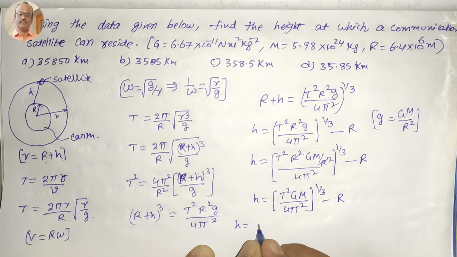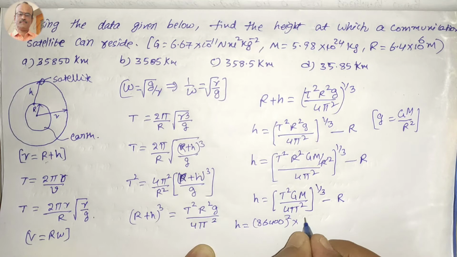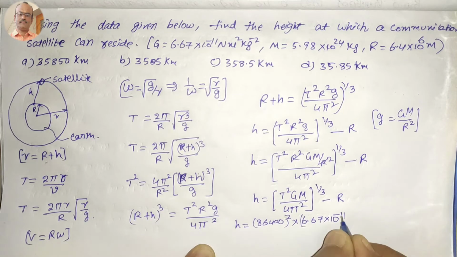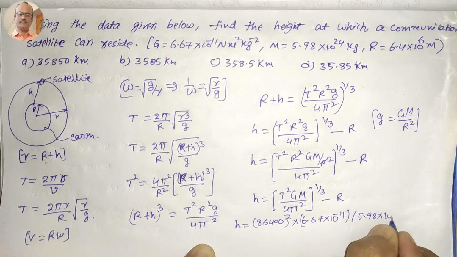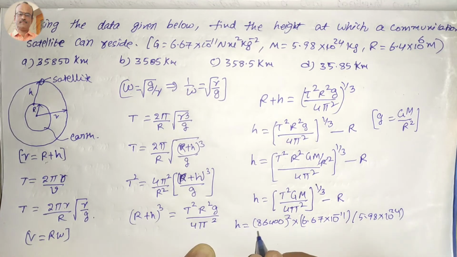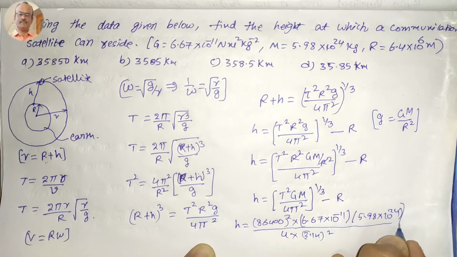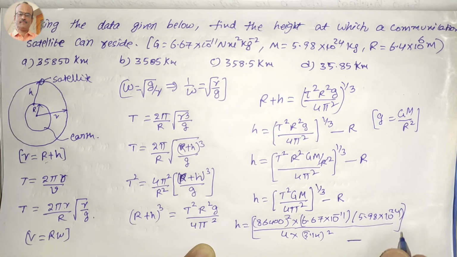So that means h is equal to T square. T is nothing but the time period of the satellite which is revolving around the earth, that is (86,400 seconds) whole square into capital G value given 6.67 into 10 to the power of minus 11 Newton meter square, into mass of the earth given 5.98 into 10 to the power of 24 kg, divided by 4 into 3.14 whole square, minus radius of the earth 6.4 into 10 to the power of 6 meters.